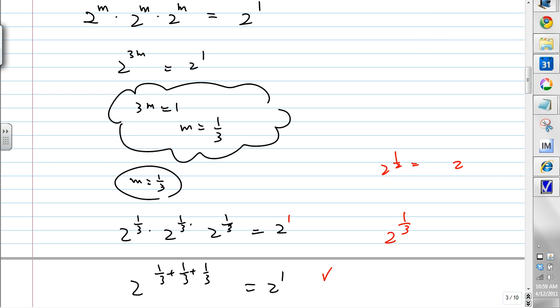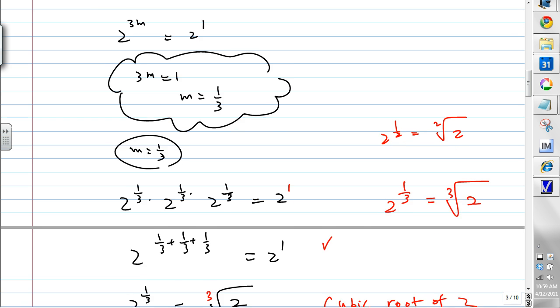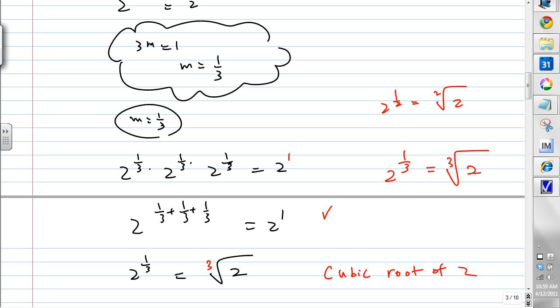Does anybody have any guess? 2 to the 1/3 means... yeah, it's not square root anymore. It's called cubic root. You're exactly right. It's called cubic root of 2. That's how you read it.